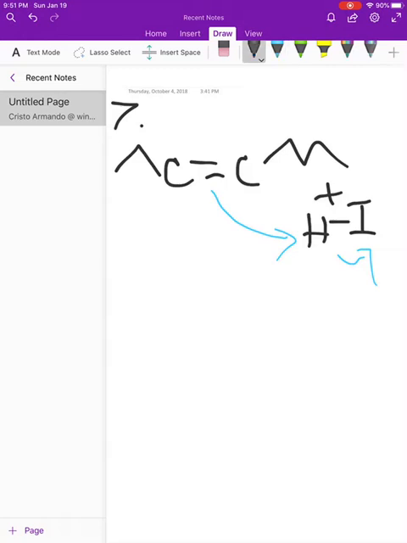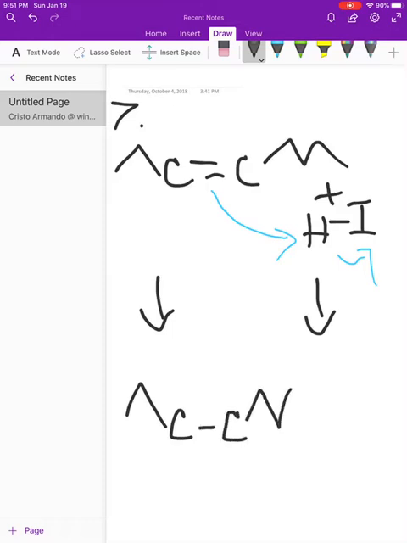So to simplify it, I'm not going to draw the intermediate. We know how that mechanism goes. But I am going to draw the 2 different products. So this is the first product. In this case, iodine's going to go right there.